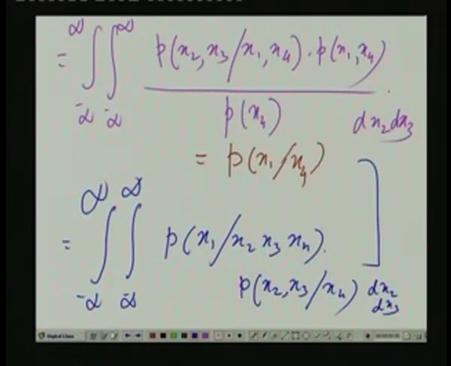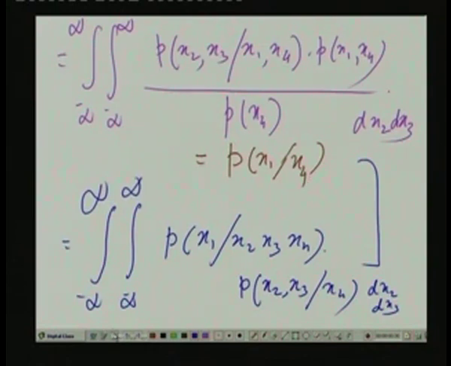You multiply this function by the conditional density of those variables to the right of the slash, in this case x2, x3, which you want to eliminate, conditioned on the remaining ones, again to the right of this slash, in this case only x4. And after doing that, integrate with respect to these variables which you want to eliminate, that is x2, x3. Then you get P of x1, x4. This is a very interesting result, because this comes very handy in practice.